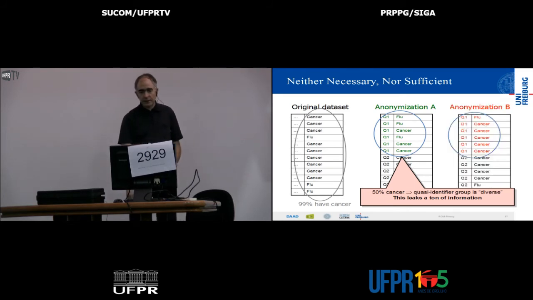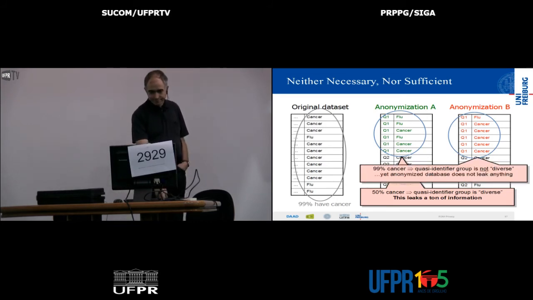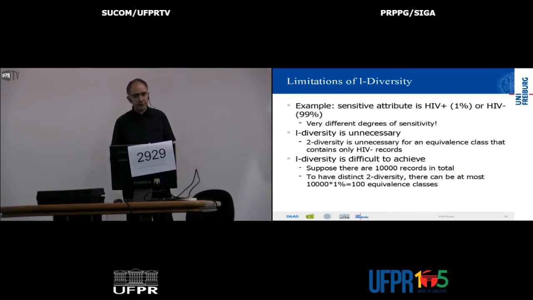Let's go for the other anonymization. In that case, from that group, you have 99%. Everyone in there can be immediately diagnosed without knowing what they have. So the limitation of l-diversity is, suppose HIV positive is 1% and negative is 99%.